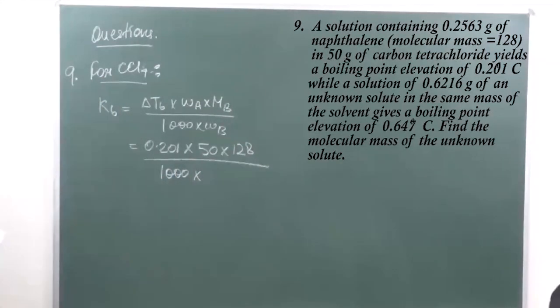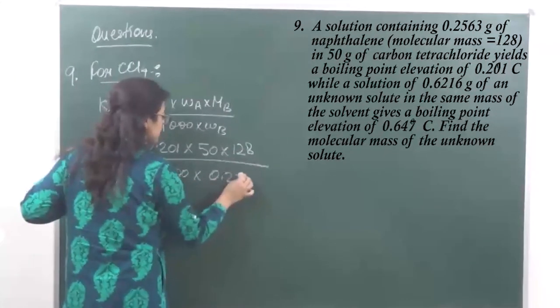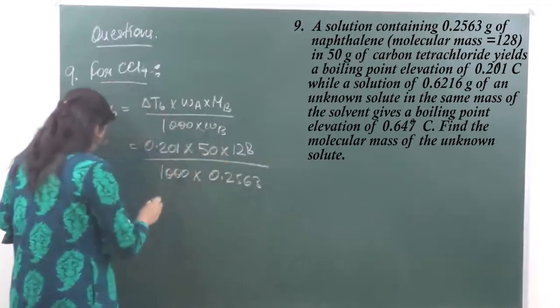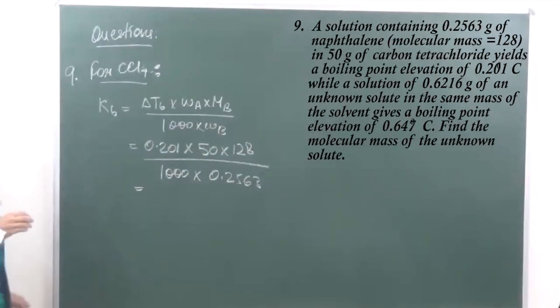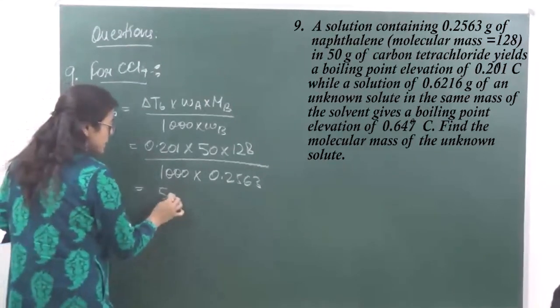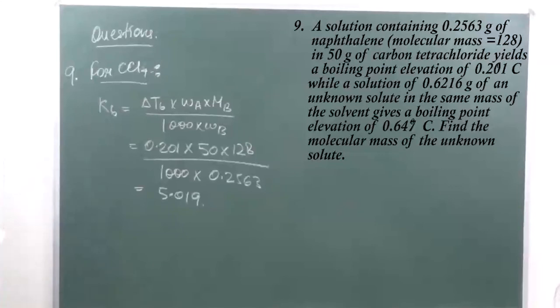Wb given to us is 0.2563. When we calculate Kb from here, Kb is coming to 5.019. Then let's go on to the second part. Kb can be used in the second part to calculate the molar mass because Kb is not going to change.